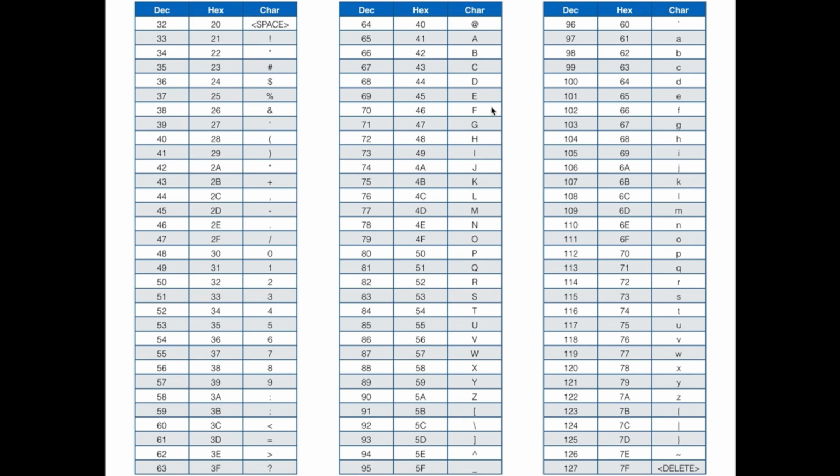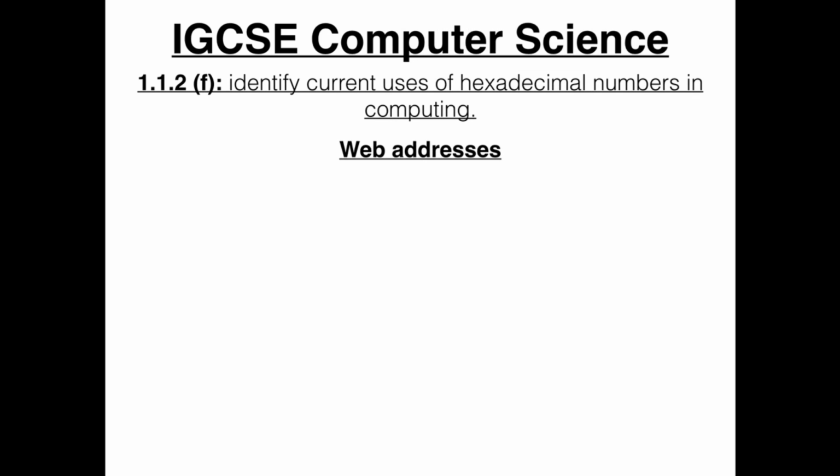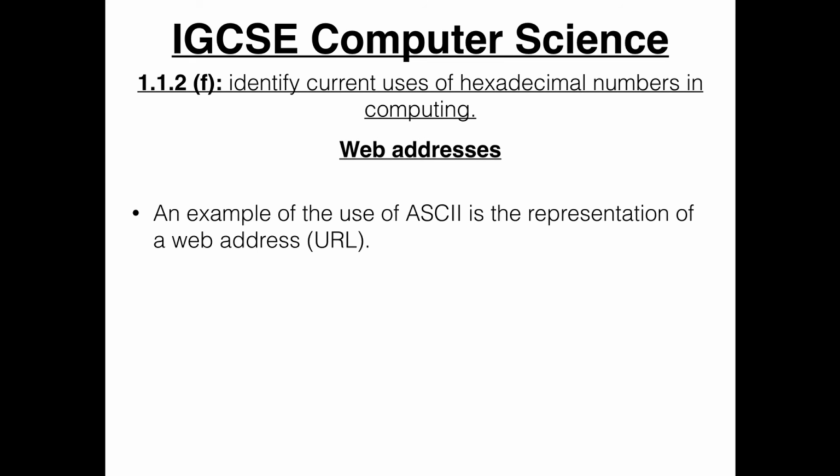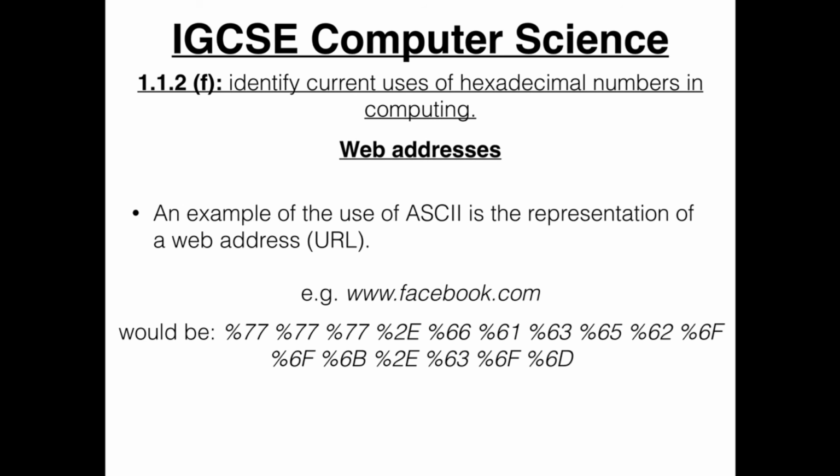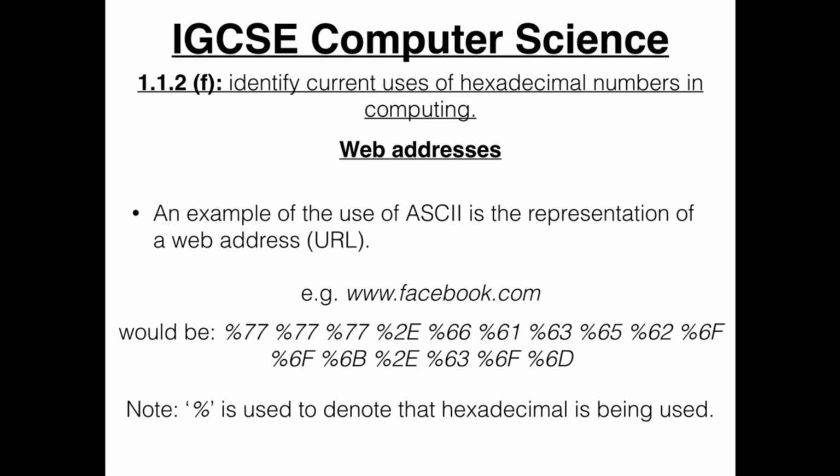Like capital D would be 44, and lowercase would be 64, and so on. Some of the special characters are here as well. An example of the use of ASCII is the representation of a web address, or URL. Like Facebook would be this, and percent is used to denote that hexadecimal is being used.